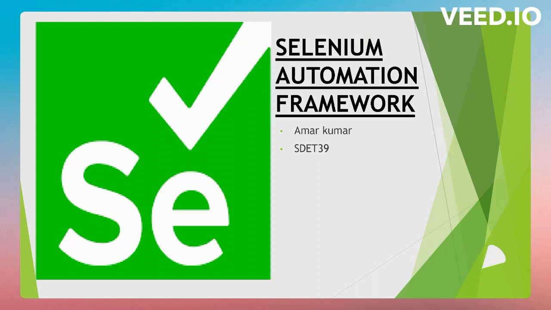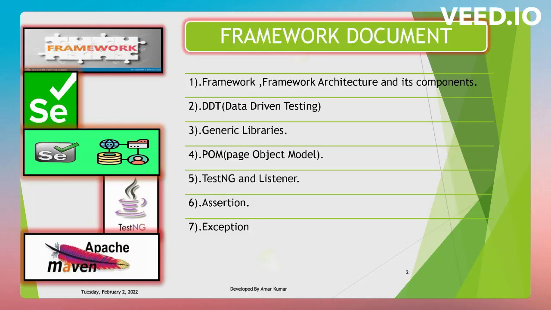What is a framework? A framework is a set of rules or guidelines which is followed by every automation engineer. We also say a framework is a collection of reusable generic methods which makes automation engineers' work easy. So this is the framework document I have prepared.